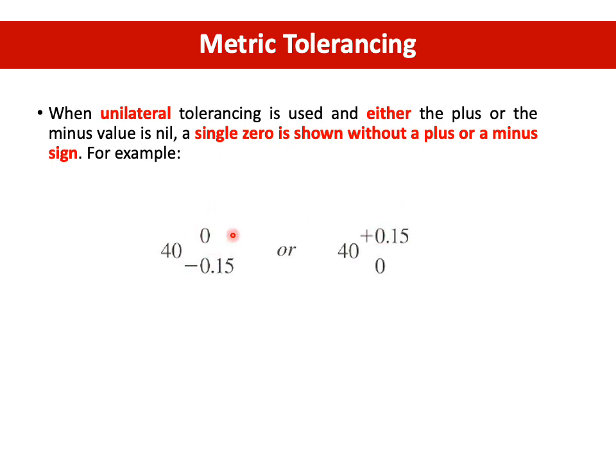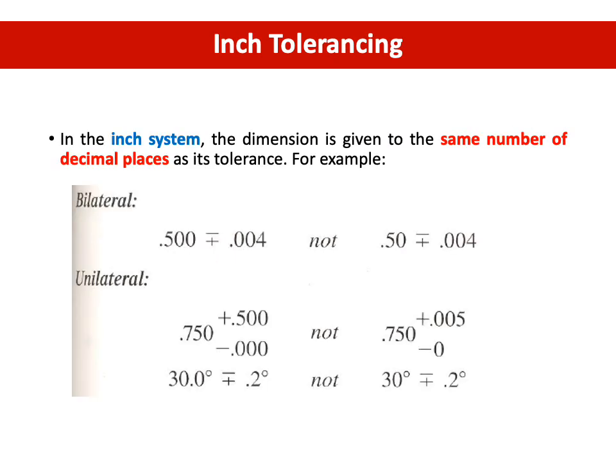But for the other direction that is not going to change, or you just state as 0, you don't need to put a positive or negative there. Just put only one sign, either positive or negative. It's not negative, actually, it's minus. It's going to be your minimum or your maximum size.